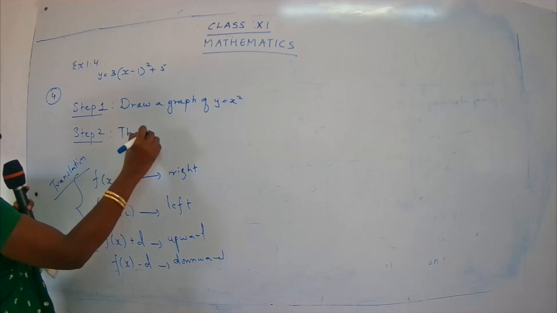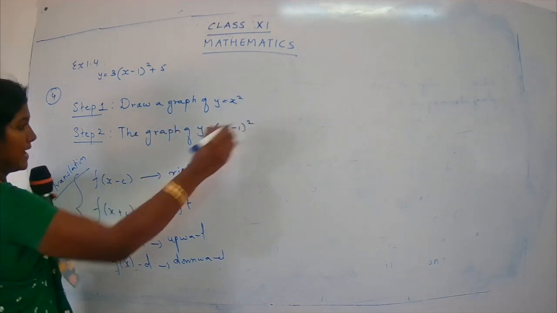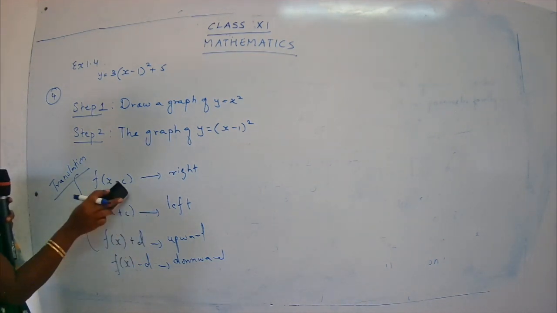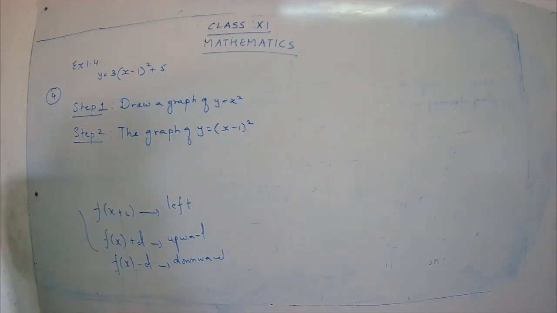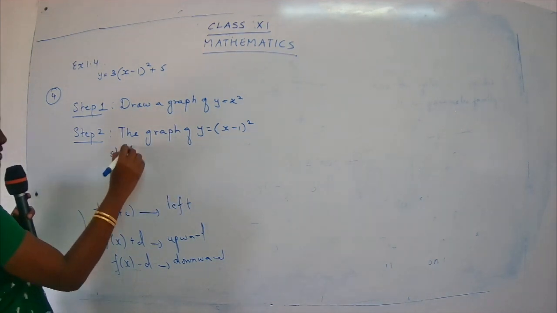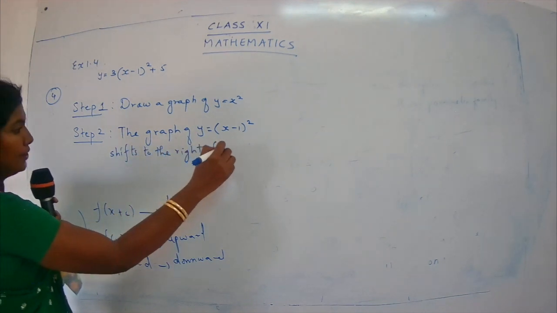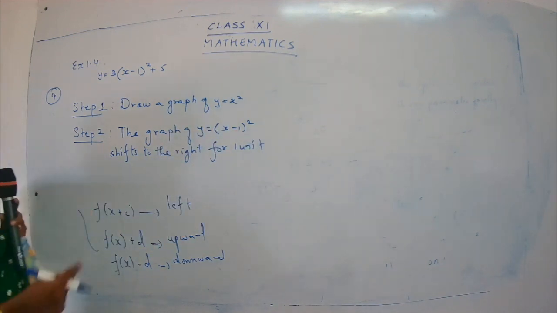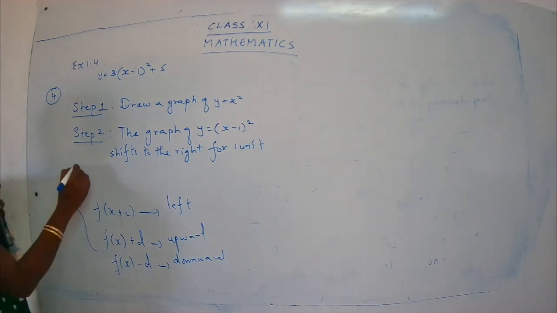The graph of y is equal to (x minus 1) the whole square shifts to the right for 1 unit, because here the number is 1. So for how many units is it going to shift? It is going to shift for 1 unit. Clear?